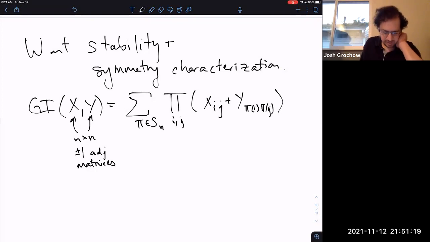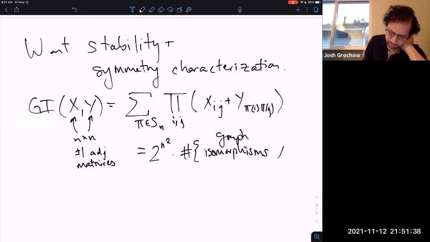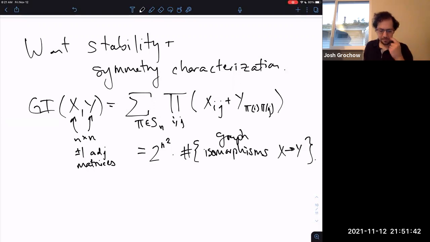And my claim is that if you have two graphs and you plug in their plus-minus 1 adjacency matrices, this ends up being 2 to the n squared times the number of graph isomorphisms between them. So this lets you count graph isomorphisms.